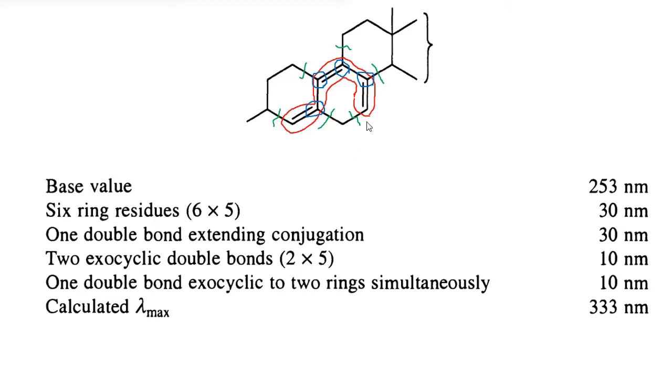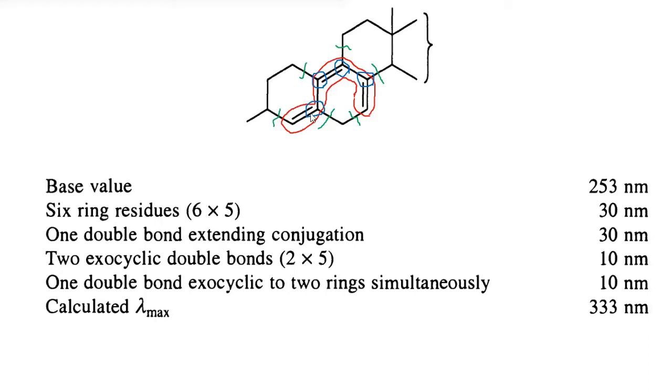Then you can see there are 2 exocyclic conjugated double bonds. See, for example, this double bond is exocyclic with respect to this ring. It is projected outside this ring, and so it is an exocyclic double bond.